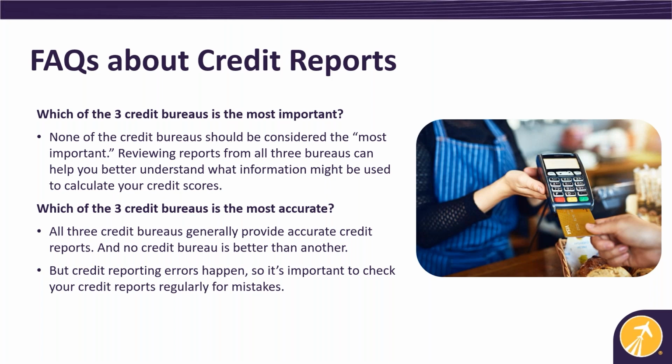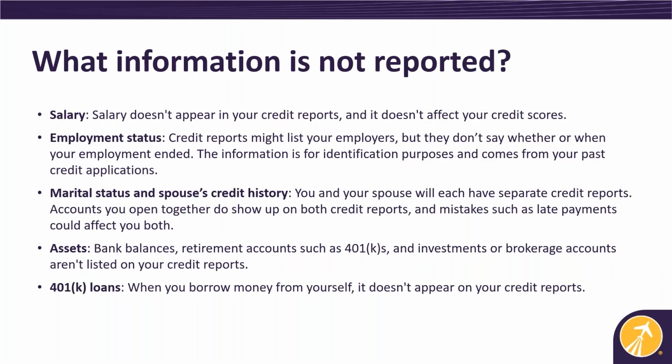Because of the rules, we may find something on one report and not on another. So accuracy is where we monitor and make certain that things are timely and up to date, our payment history is strong, and if there's anything incorrect on a report, we correct that across all three bureaus.